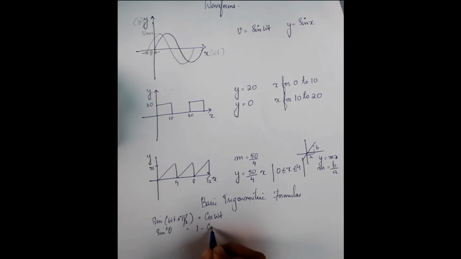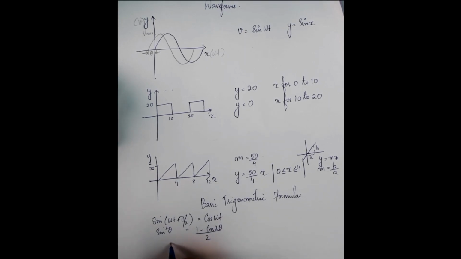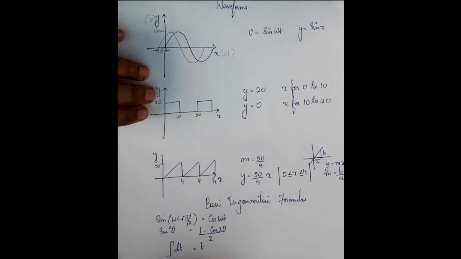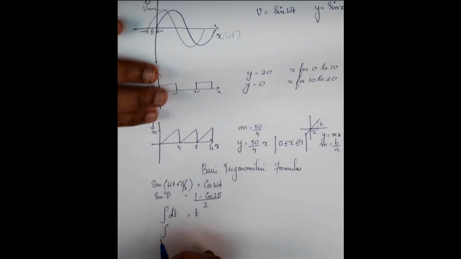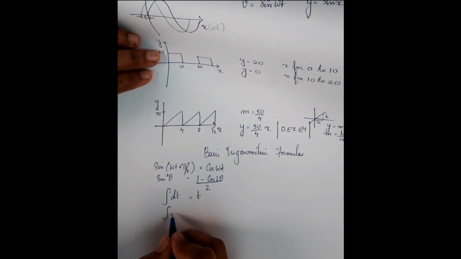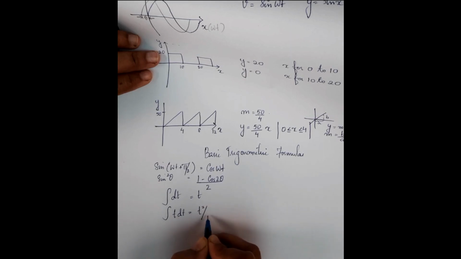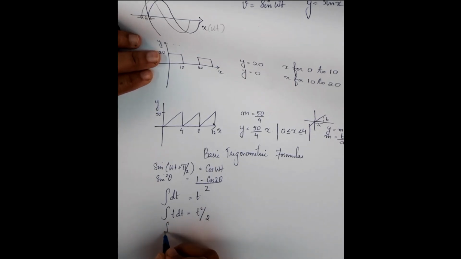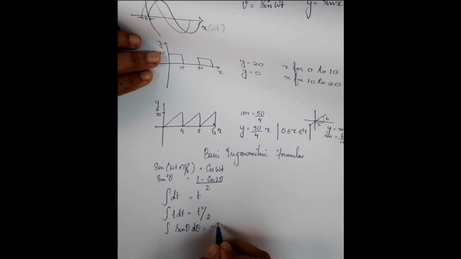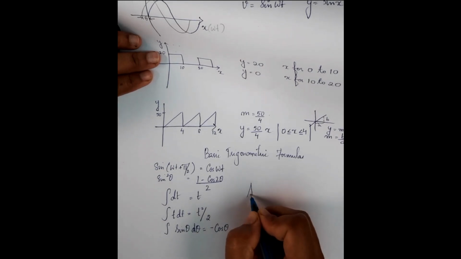Sine square theta is 1 minus cos 2 theta by 2. And integral of dt is t. Integral of t dt is t square by 2. Integral of sine theta d theta is minus cos theta.